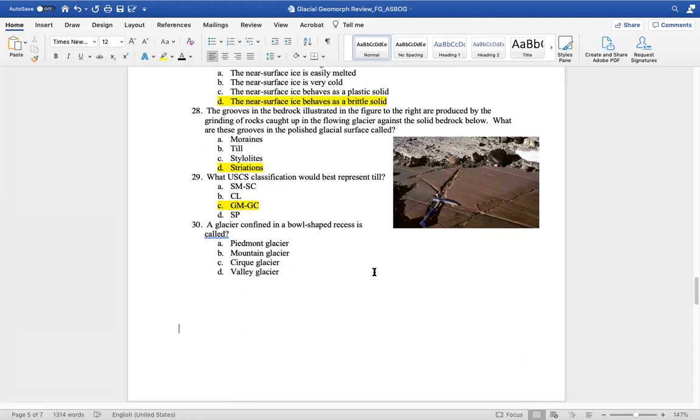All of these are maybe not the best way to articulate it. What we're talking about is a cirque, which is just a depression near the head of a glacier. And when we have a glacier in that cirque, in that depression, that's called a cirque glacier.